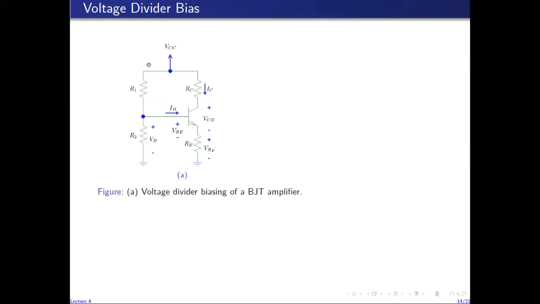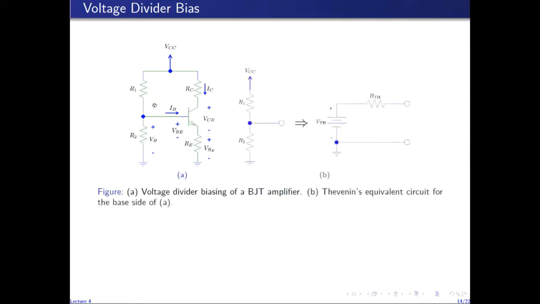So if we look at the circuit of voltage divider bias on the base side, then we can replace this part of the circuit through its Thevenin equivalent, where V Thevenin is the open circuit voltage between these terminals, and R Thevenin is the resistance looking into these terminals.